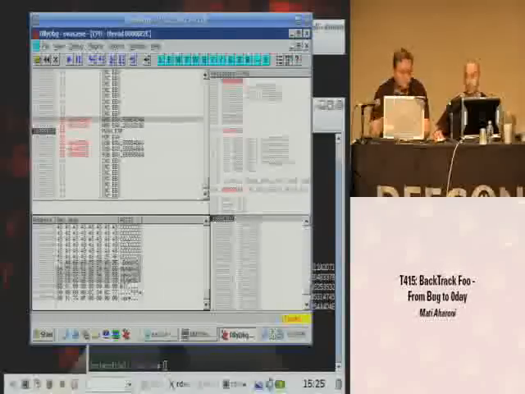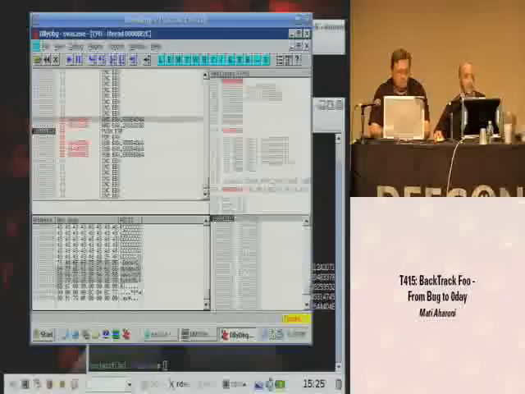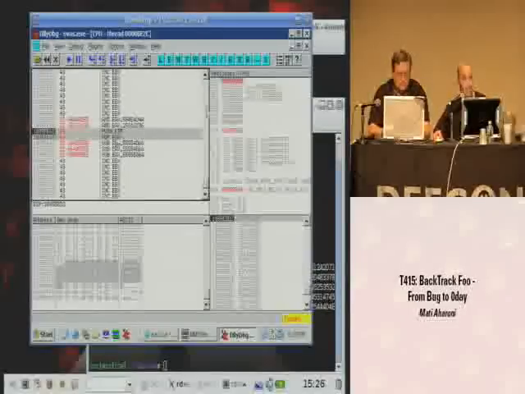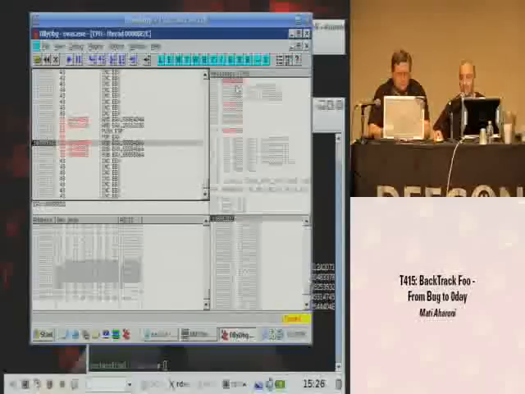In order to do that, we need to find our current location in the stack, and we can do this by using a really cool trick: pushing ESP, the stack pointer, to the top of our stack, and then popping it to EAX. So now EAX actually holds the value of ESP, and we can start doing calculations on EAX.